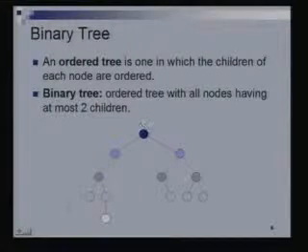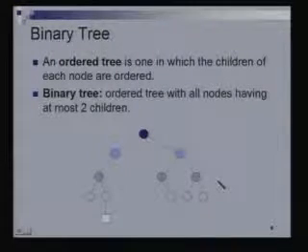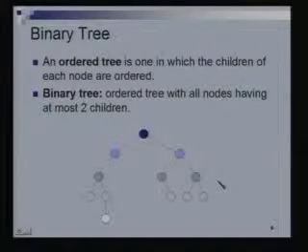Won't the order be distorted then? No, this is one binary tree. All we are saying is that if I were to draw it in a slightly different manner, which means I move this entire piece to the left and this entire piece to the right, then I get a different binary tree. There are two different binary trees. That's all we are saying.